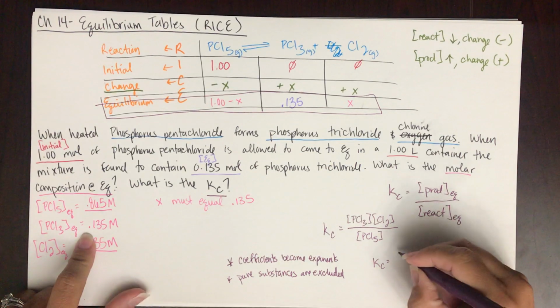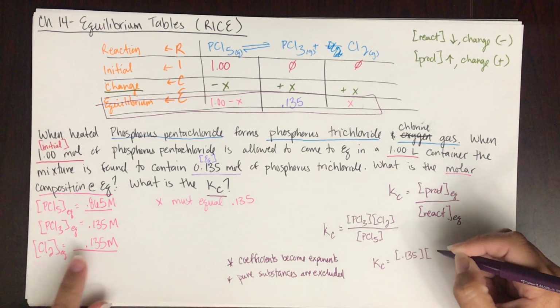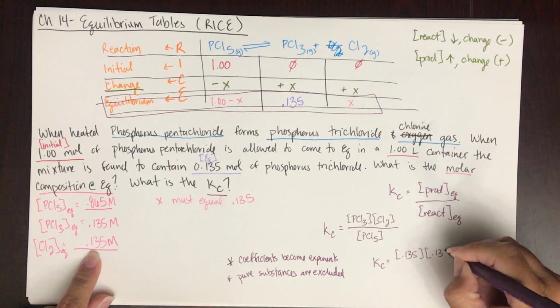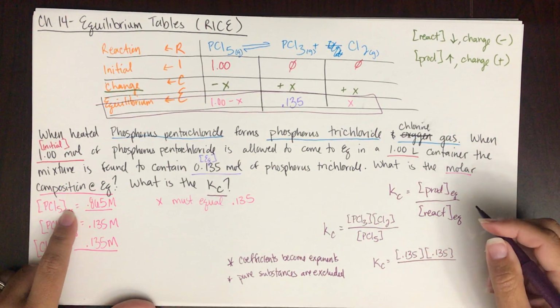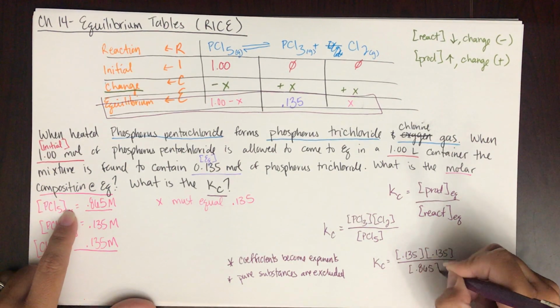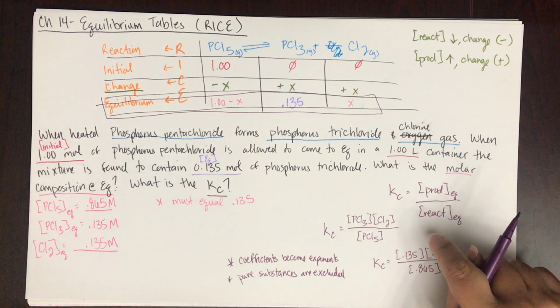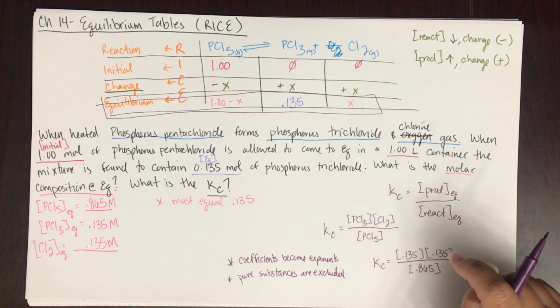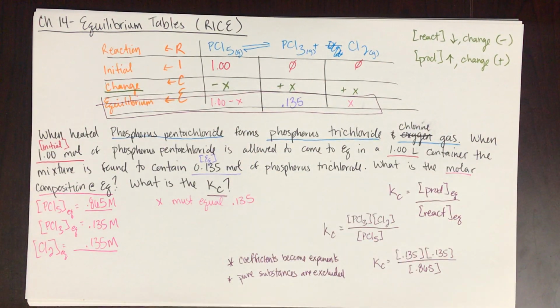Kc equals PCl3, 0.135 molar, times chlorine, 0.135 molar, over the concentration of the phosphorus pentachloride, 0.865. And again, always remember that these are concentrations in molarity. That's what goes in the Kc. That's why it's important that everything that goes in your equilibrium table is concentrations in molarity.